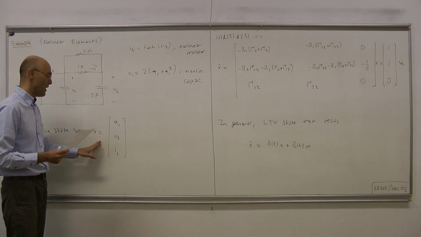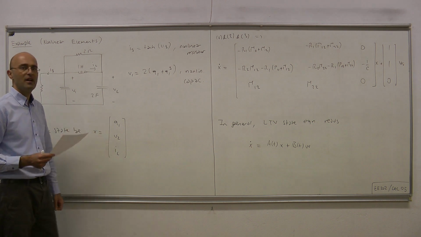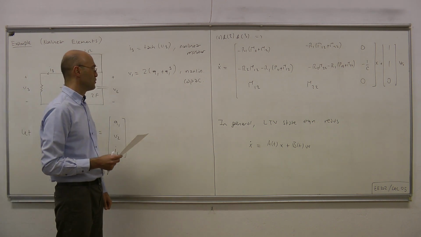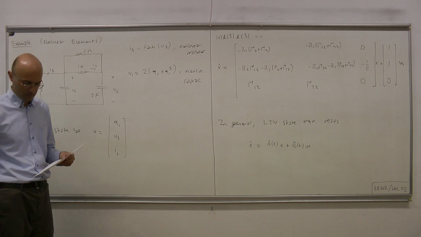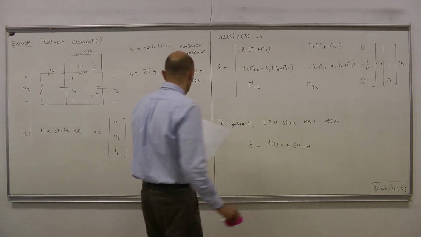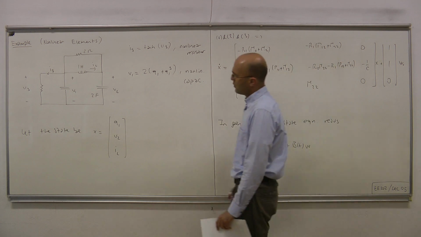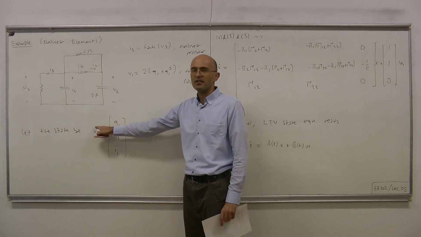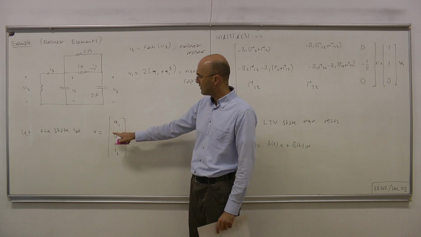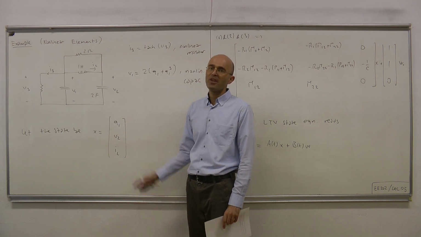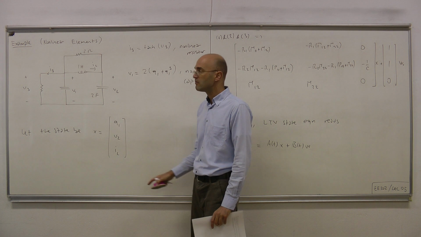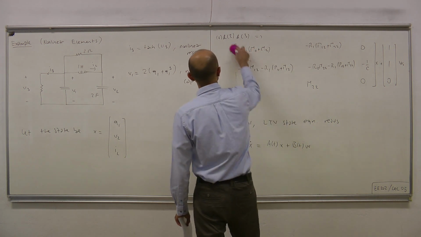So even if you don't have an input, it's still an important problem to formulate the circuit. Having chosen the state, to obtain the state equation we have to figure out Q1 dot, V2 dot, IL dot in terms of our formulation variables. Let's do that.